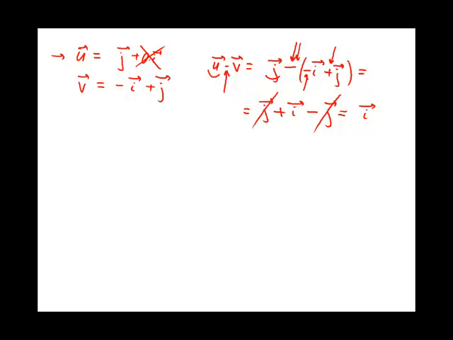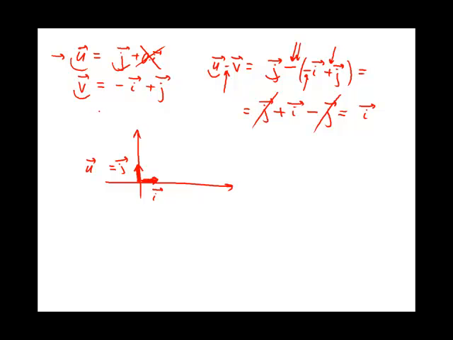You know what happens geometrically? Look at this picture. This is i. This is j. Where is vector u? Vector u is the same as j. It coincides with j. So j is our vector u. Where is vector v?